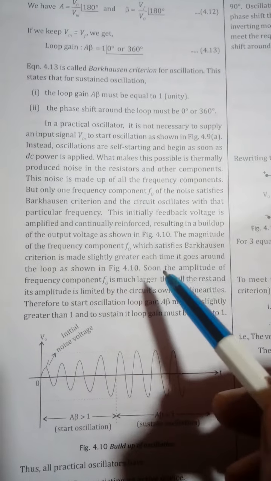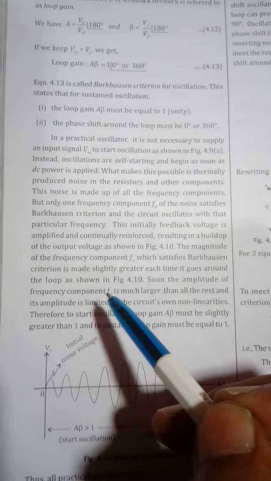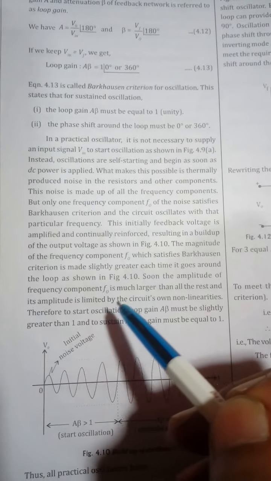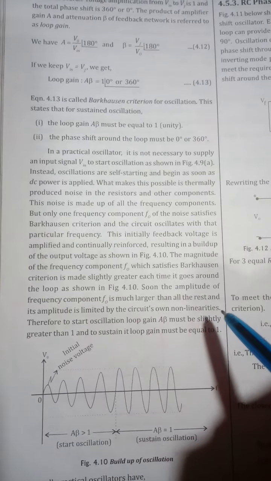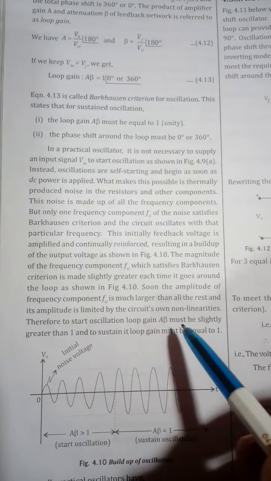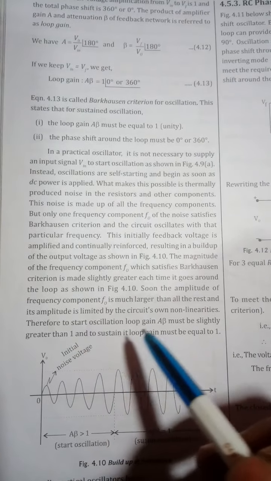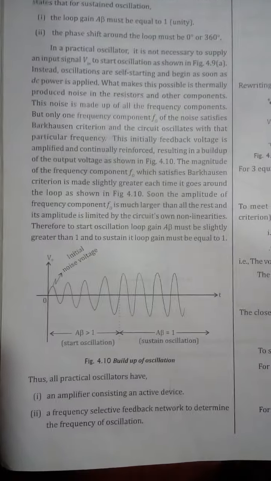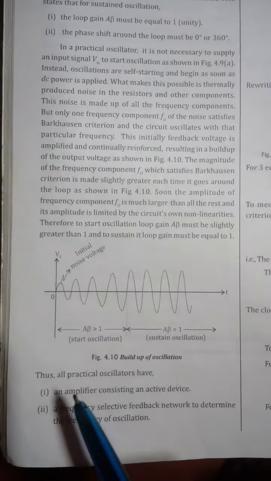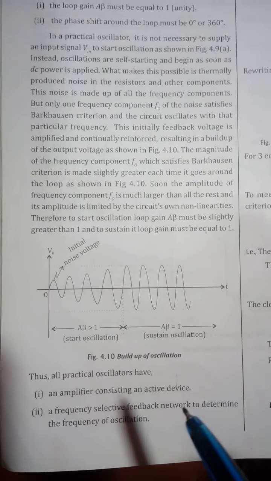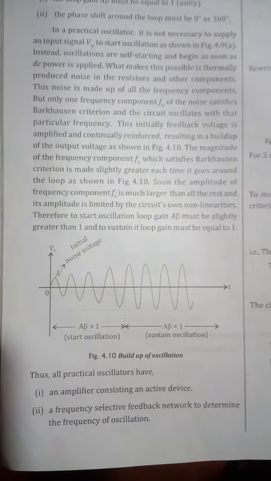Soon the amplitude of F0 is much larger than all the rest, and its amplitude is limited by the circuit's own non-linearities. Therefore, to start oscillation, loop gain A beta must be slightly greater than 1, and to sustain it, the loop gain must be equal to 1. Thus, all practical oscillators have an amplifier consisting of an active device and a frequency selective feedback network to determine the frequency of oscillation.